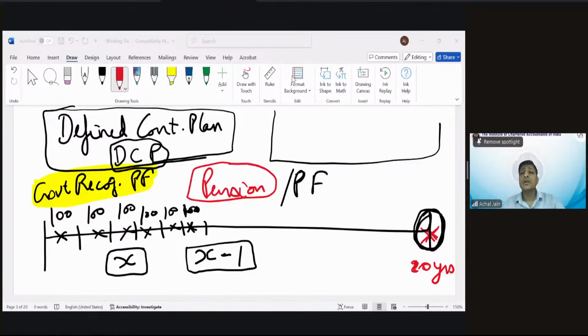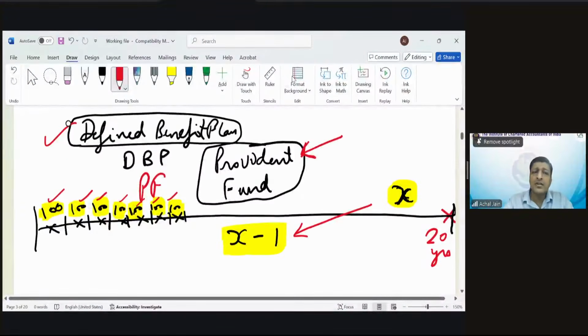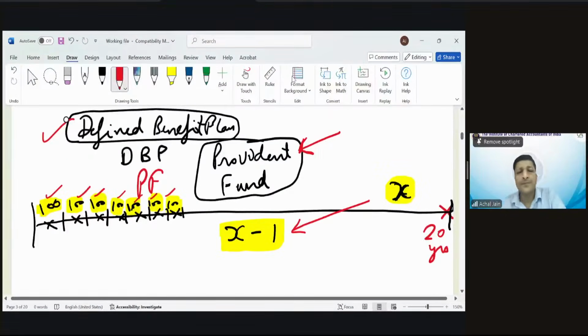Now, let's talk about the defined benefit plan. Its accounting treatment is quite detailed, and we will not be able to wrap up our discussion on the defined benefit plan today itself. So what I'll do is I'll first try to explain how you work it out conceptually, and then of course we'll continue in further detail.